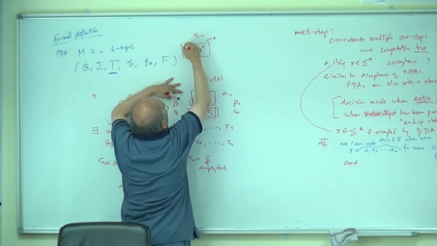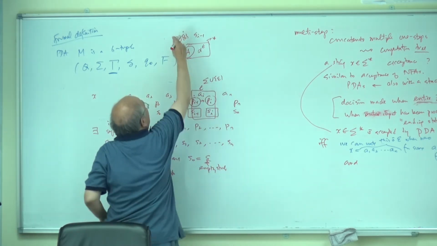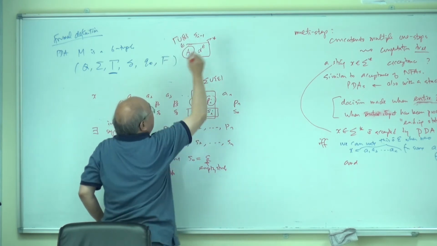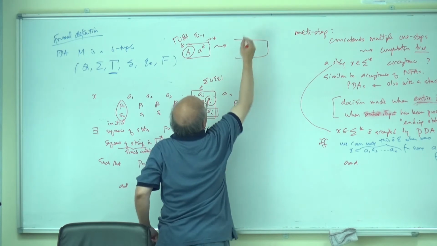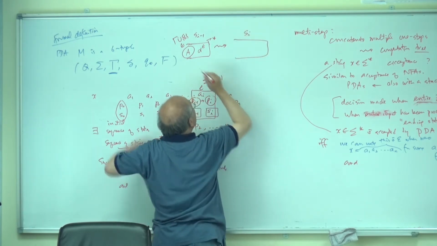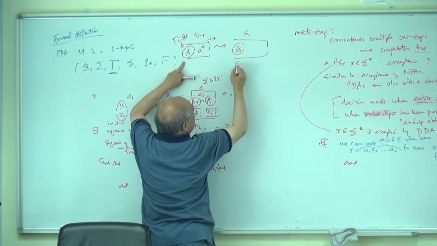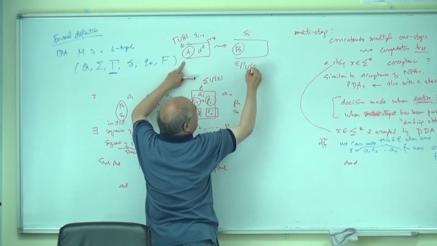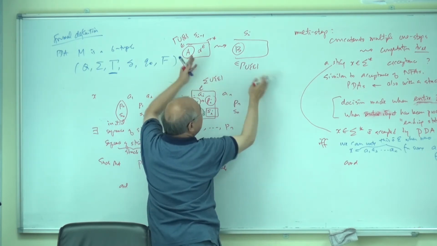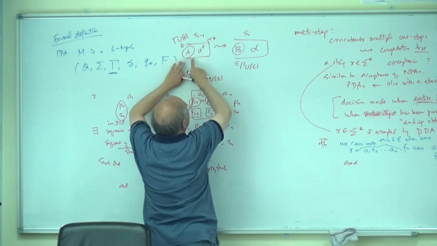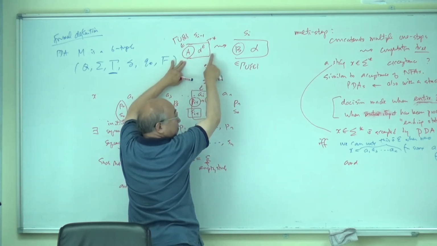Then it changes, just like that picture, to this stack contents Si. This A is replaced by B, where B is a stack symbol or nothing, and the bottom remains the same. You are only allowed to touch the top of the stack, not underneath that.